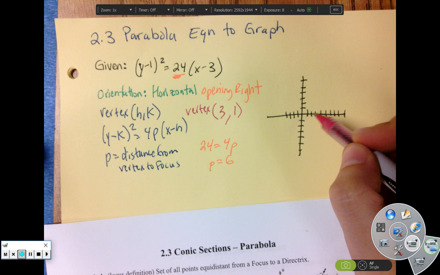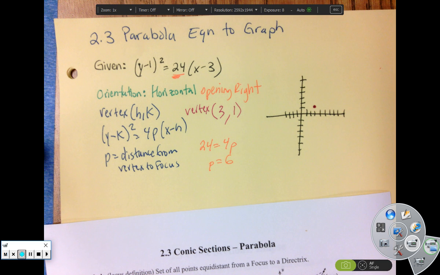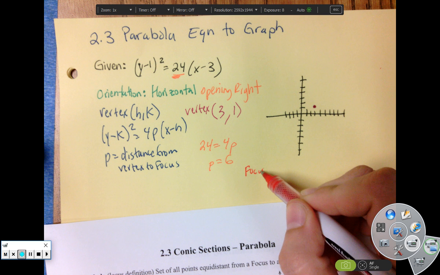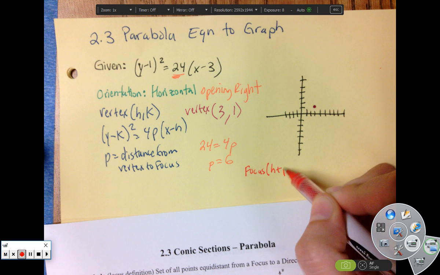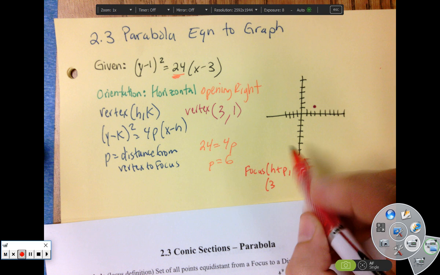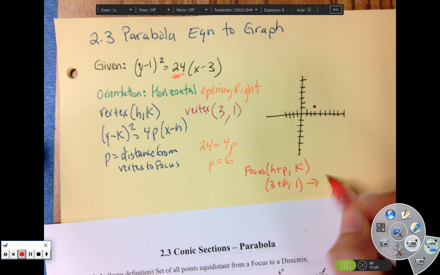Now, because it opens right, that's going to help us find our focus. So our equation tells us that our focus is going to be (h + p, k). So we know our h is 3, our p is 6, our k is 1. So that'll become (9, 1). So I go over 3, 4, 5, 6, 7, 8, 9.